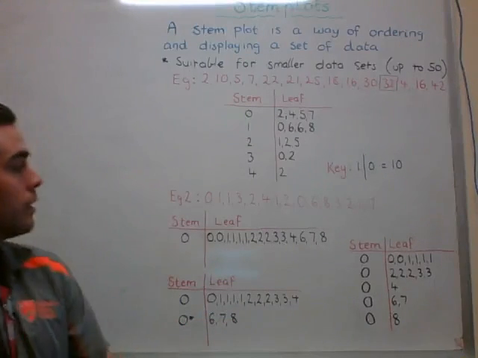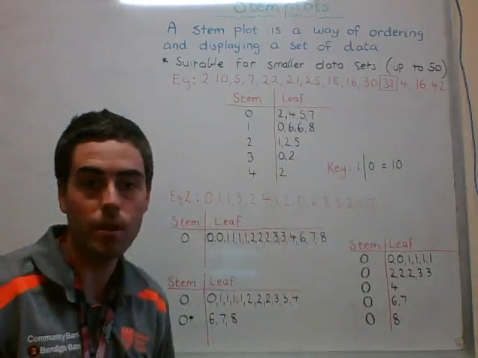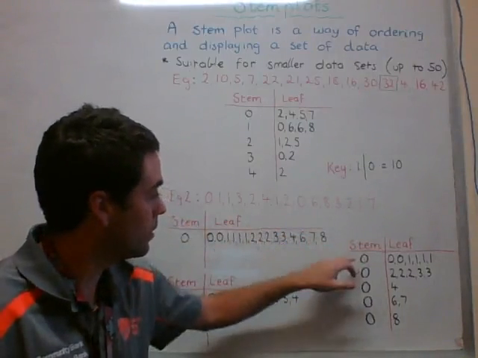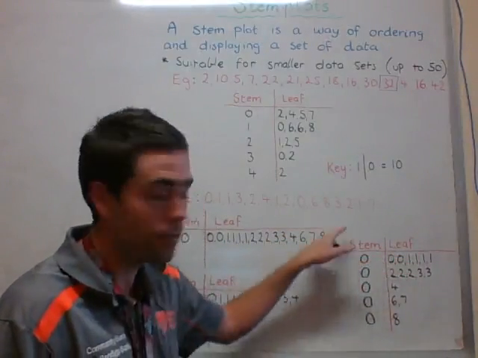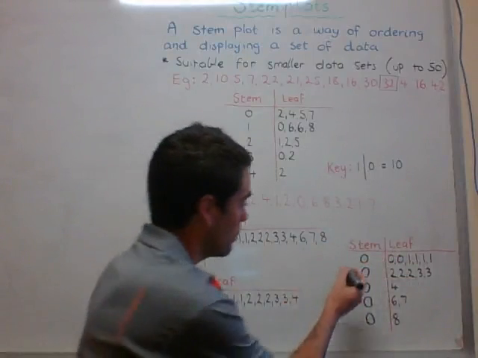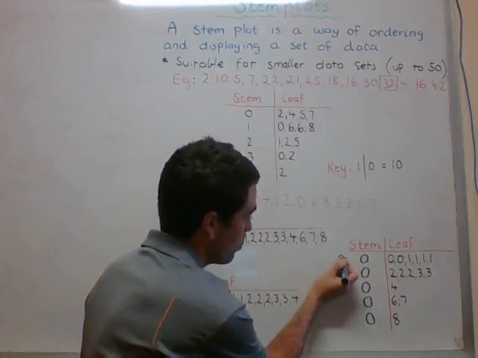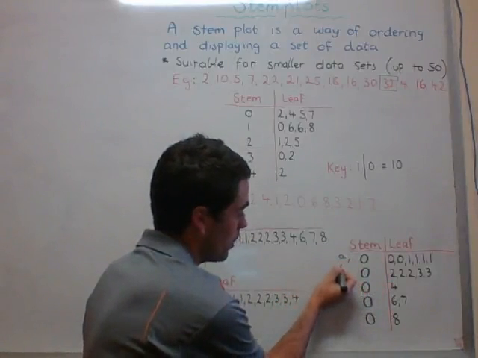The final way you could also organise this data is by splitting the stem into fifths. Okay. Now, when you're splitting it into fifths, basically you're going to have 5 of the same stem, and each stem will have different numbers in it. So the first stem will have the 0s and 1s in it, in the leaf column. The second stem in the leaf column will have the 2s and 3s.